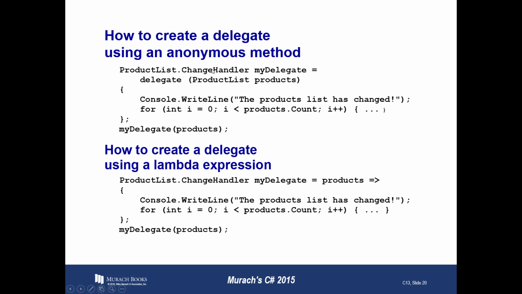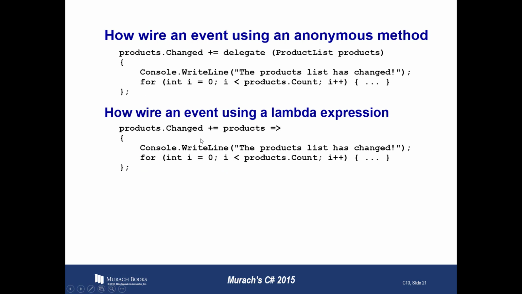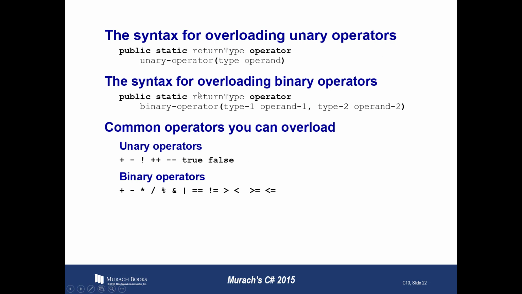So we just looked at an anonymous method and a lambda expression, and here's how you would wire those up. Again, I think we're going to have to be going through detailed examples if we go to this extreme in here. All right. Operator overloading. What you're doing with operator overloading, we looked at an example a little bit earlier where we used the plus sign to add a product to our product list, and a minus sign to remove a product from our product list.